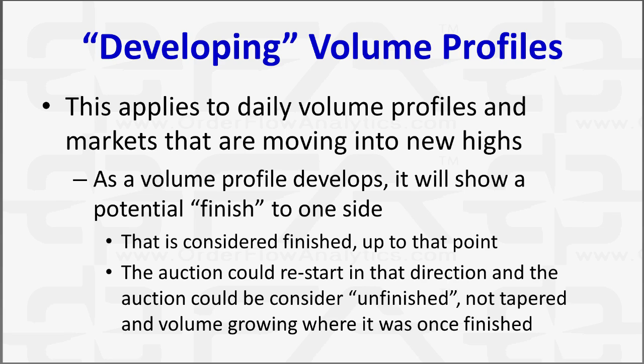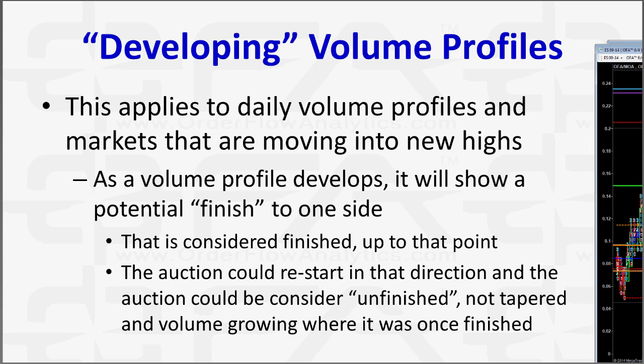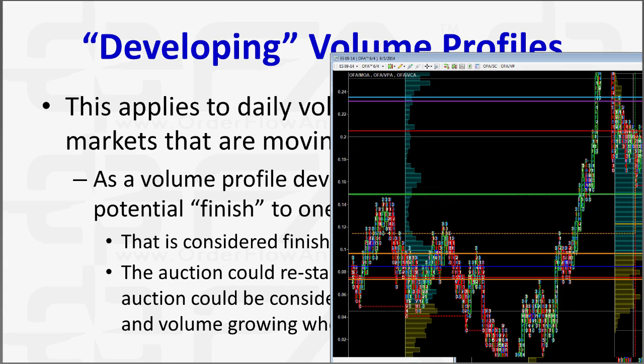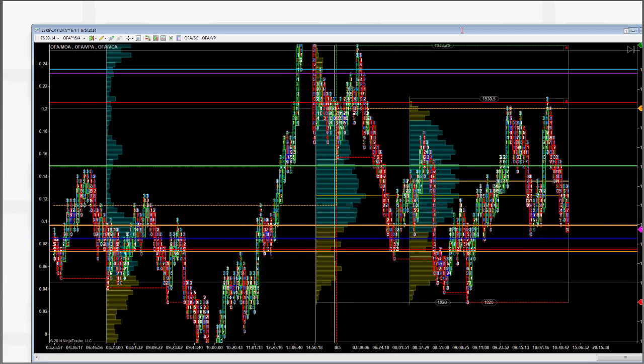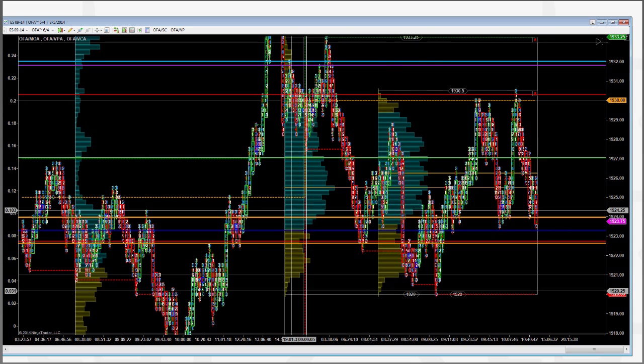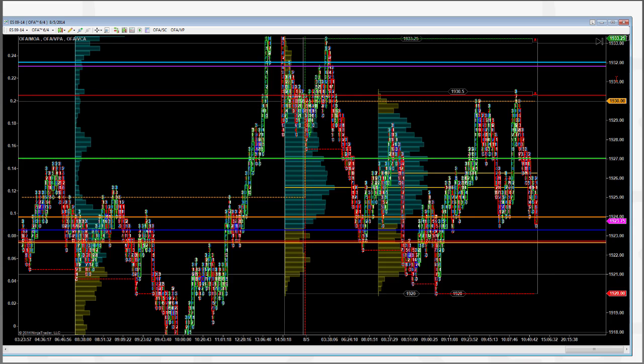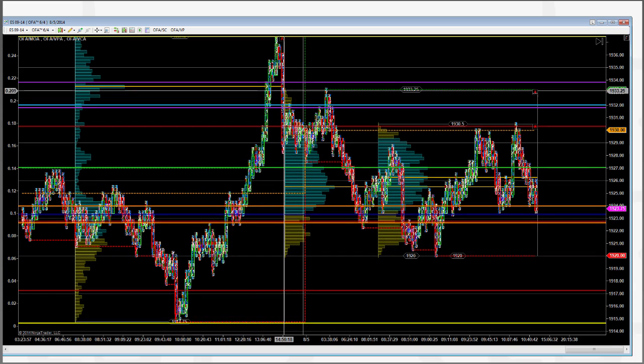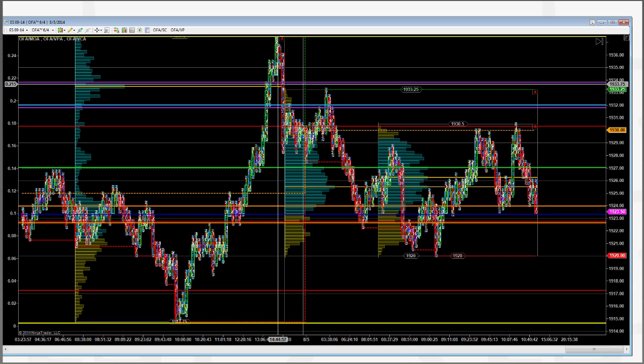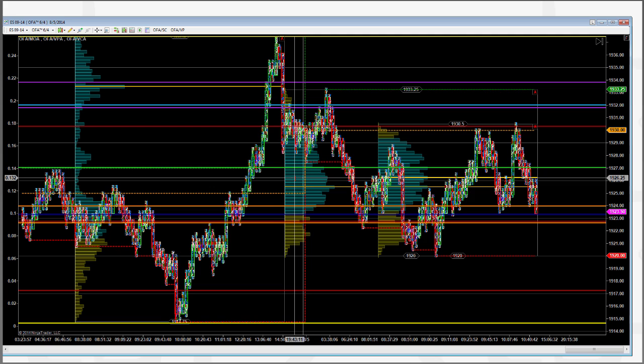You start seeing strength coming back in at the bid. The profile shows that they're stepping away. Almost all of the time you will see this taper on both edges. In fact, there are very few days where we don't have this tapering, this finish.